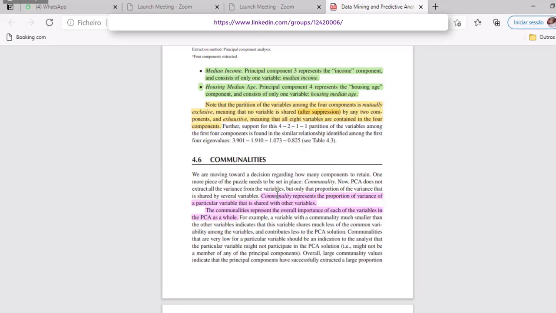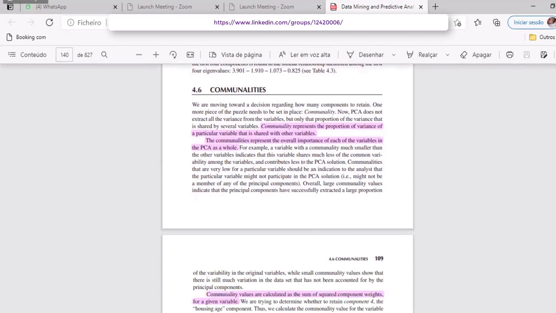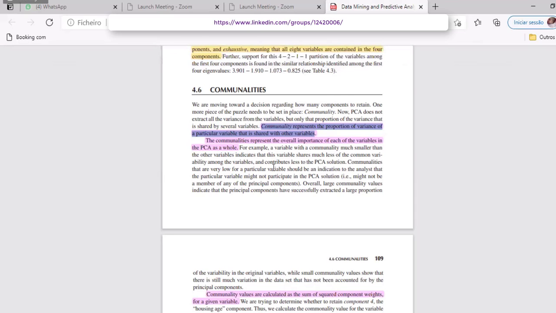that will be part of our model. Okay, so regarding the communalities, it's important to explain another criterion. The definition of communality is the proportion of variance of a particular variable that is shared with other variables. So it's, we may say, the redundancy and correlation that exists among variables.